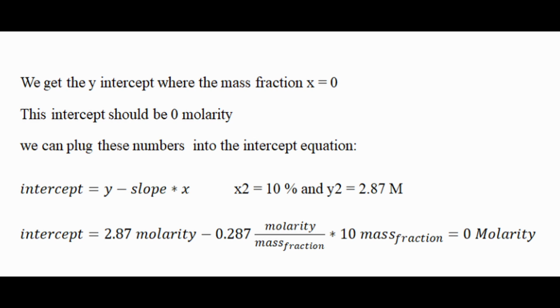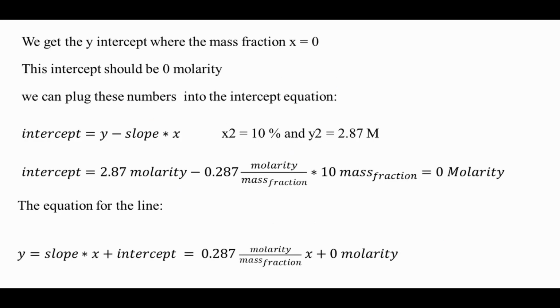Since we know that x2 equals 10% and y2 equals 2.87 molarity, the intercept equals 2.87 molarity minus 0.287 molarity per mass fraction times 10 mass fraction equals 0 molarity. We now have the equation for the line. y equals slope times x plus intercept equals 0.287 molarity per mass fraction times x plus 0 molarity.